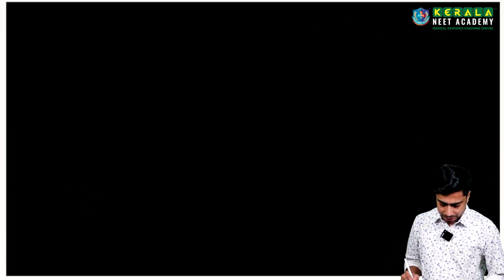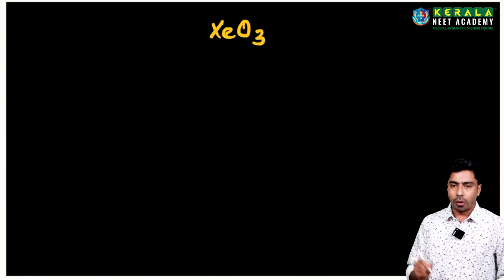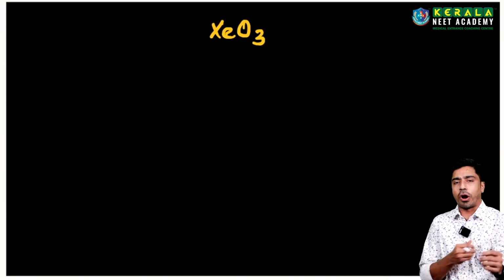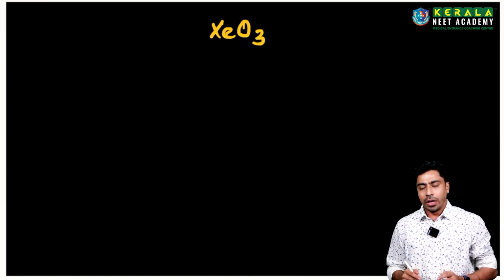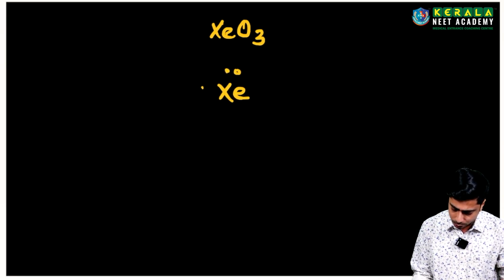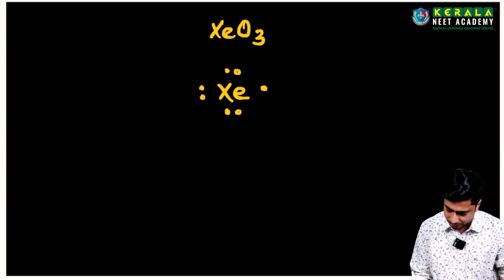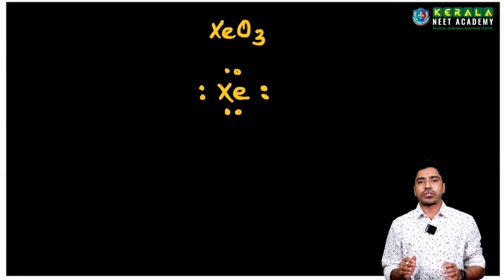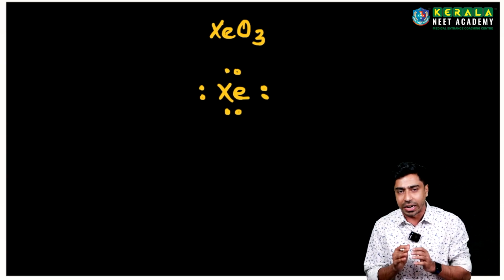Okay, now listen here. We take XeO3. Now you know that xenon is a group 18 member. Group 18 means it carries 8 valence electrons: 1, 2, 3, 4, 5, 6, 7, 8. And now 3 oxygen atoms have to be bonded with this central xenon.